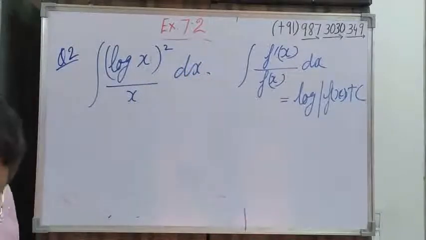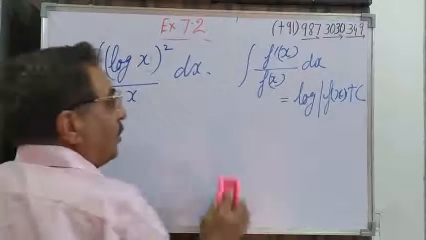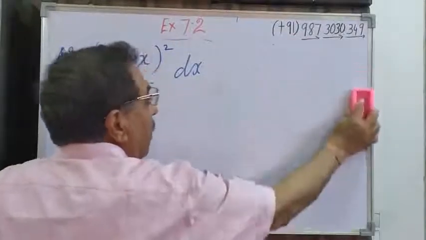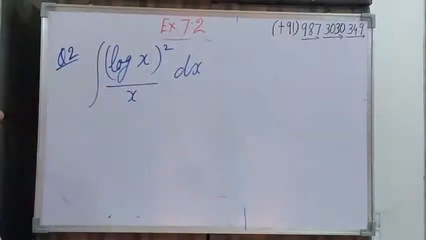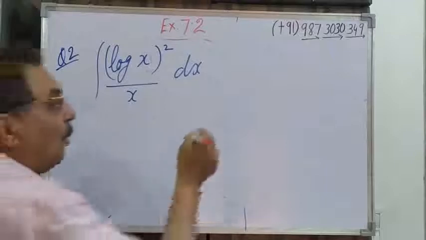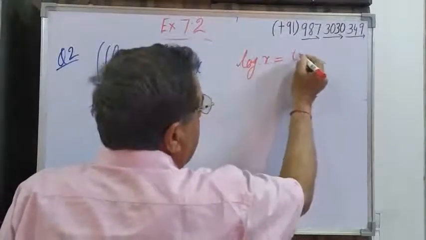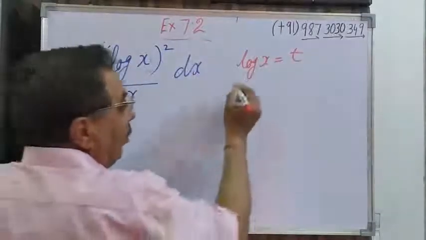What do you observe in this one? We are observing the numerator is a function and the other factor is its derivative. How is it so? If I take log x equal to t, what is the derivative of log x?